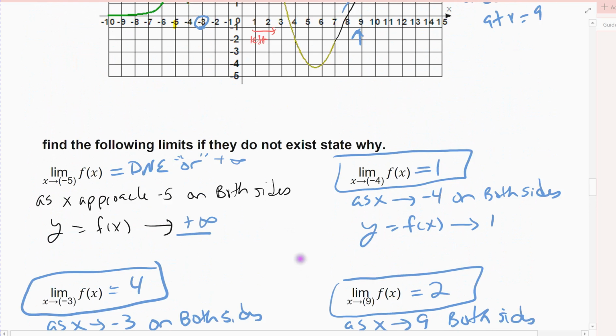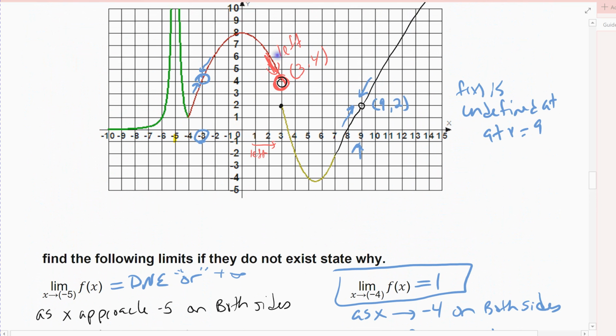All right, if I go back up here and look at my function, so the left, it was up here at 3, 4, but if I'm to the right, the right puts me on this piece of my function on the right side of 3, it's approaching that 3, 2. Right, the x value, as I'm approaching the x value 3, on the right side, my function's behavior is approaching the point 2, and it actually exists there.